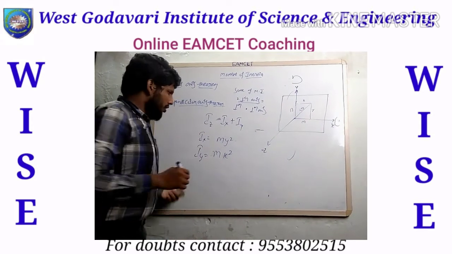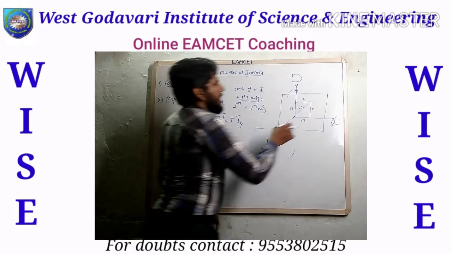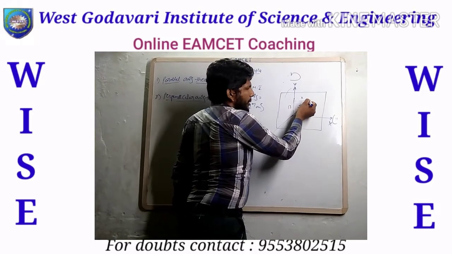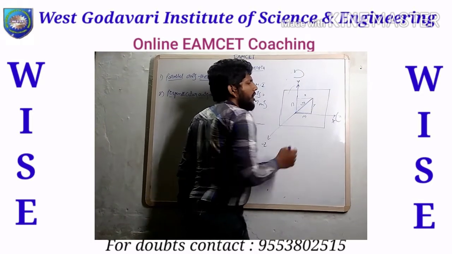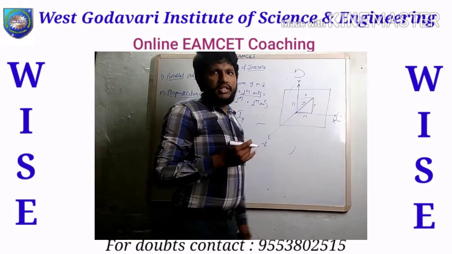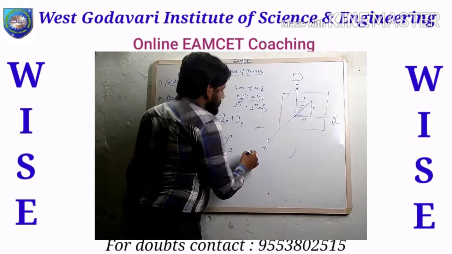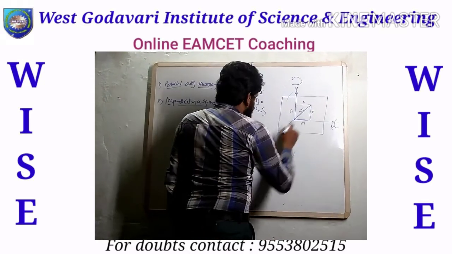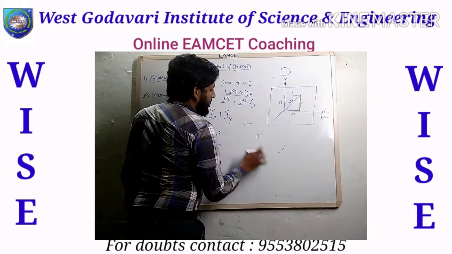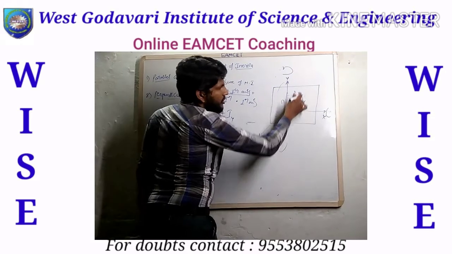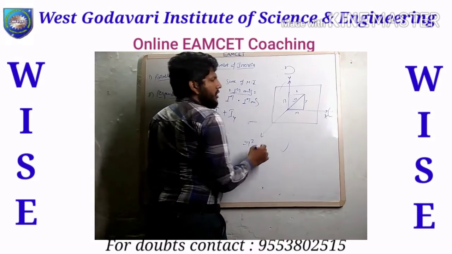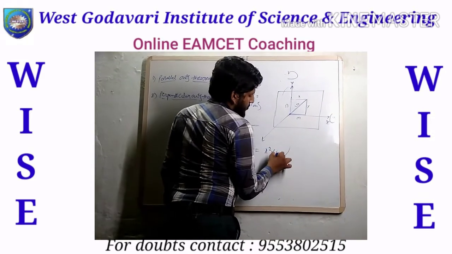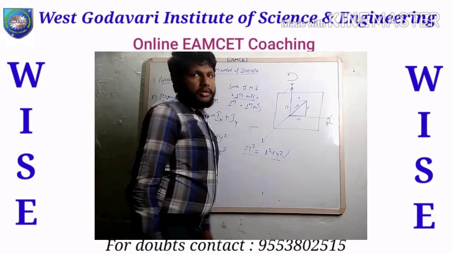Now consider this one is a right angle triangle, and from the Pythagoras theorem, what is the Pythagoras theorem? Hypotenuse square equal to side square plus side square. So by using that equation, r square equal to x square plus y square. This is the Pythagoras theorem.